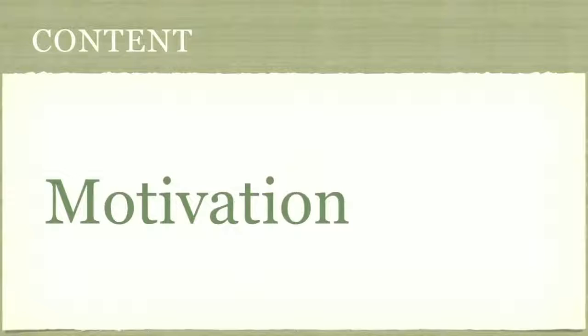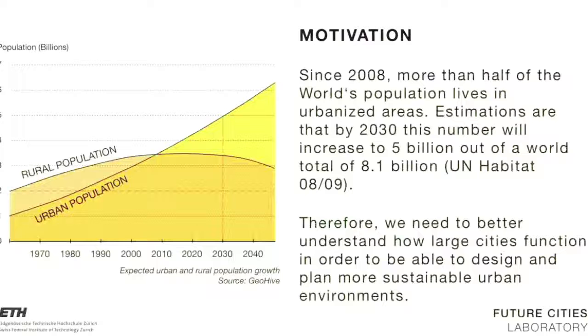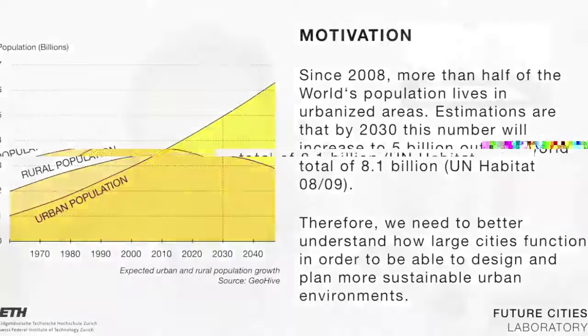Okay, let's have a look at the motivation. The motivation, as we used it in our big Future Cities project here, we always showed this slide. And you have heard this, of course, many times, that by now more than half of the world's population lives in urbanized areas, where the definition of urbanized areas is not entirely clear, but the estimations are that by another 20 years from now, this number will increase to 5 billion out of a total of 8.1 billion.